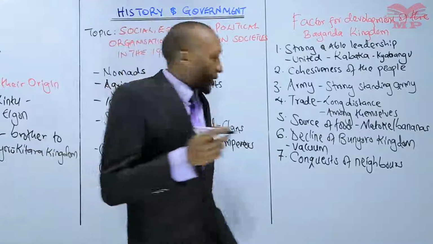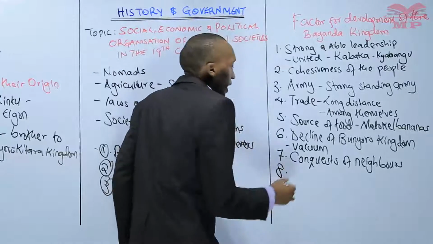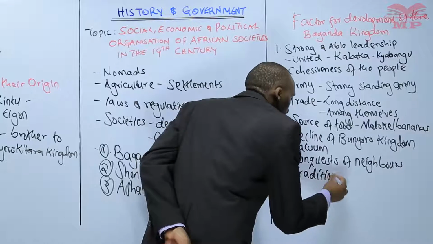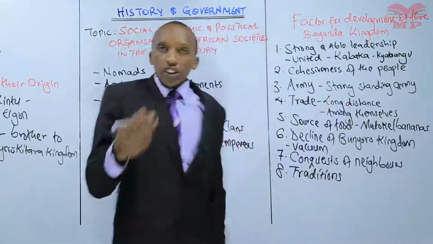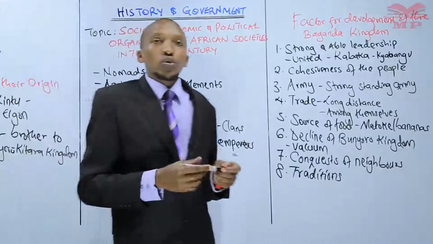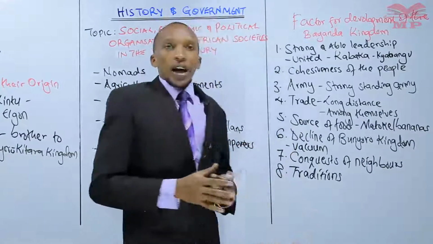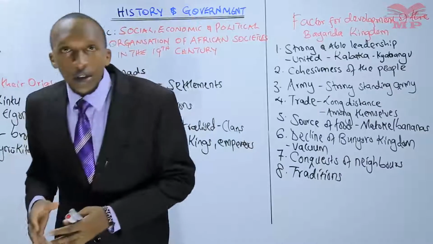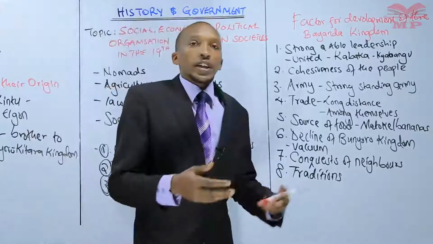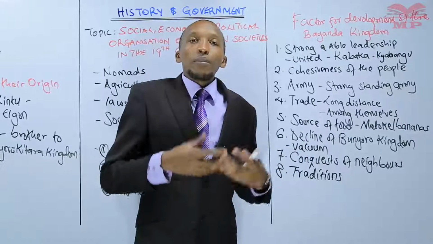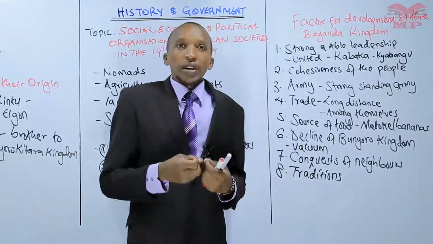And then lastly, they had very strong traditions. These traditions allowed them to separate the activities of men and the activities of women. They also had ways of worship that acted as a moral fabric of the society.